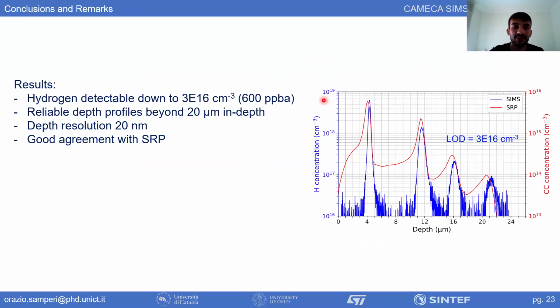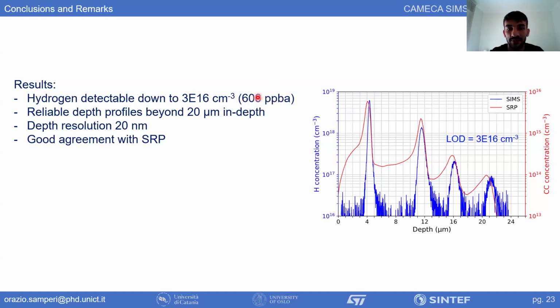And so with these results, I just go to the conclusion that it's quite clear. We adjusted more than applied the already existing protocol. We adjusted it to measure this particular structure here, with the result of obtaining a detection limit of 3 × 10¹⁶ atoms per cubic centimeter.